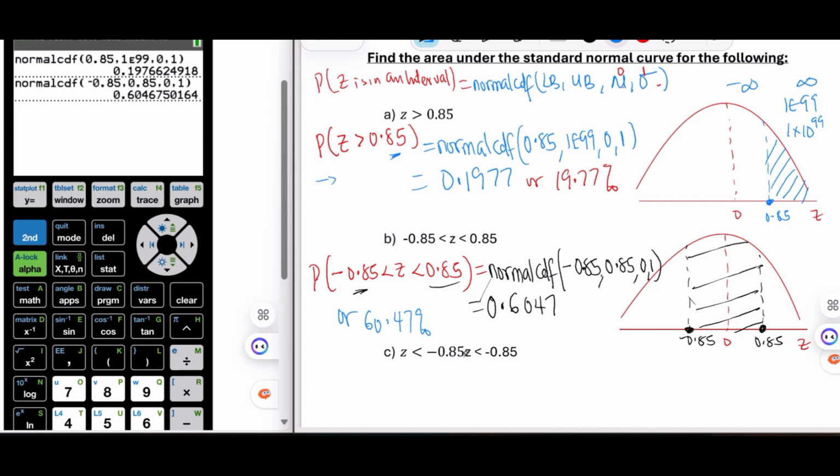Now, looking at this question C, we have the probability that Z is less than negative 0.85. Now, we are interested in the area to the left.